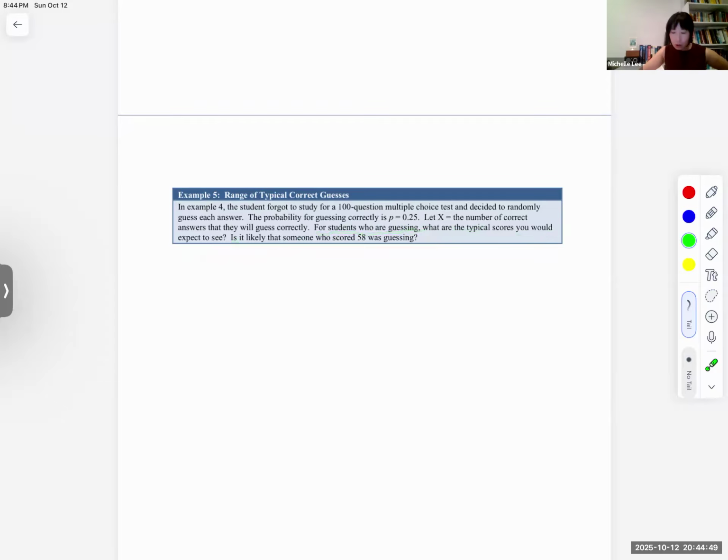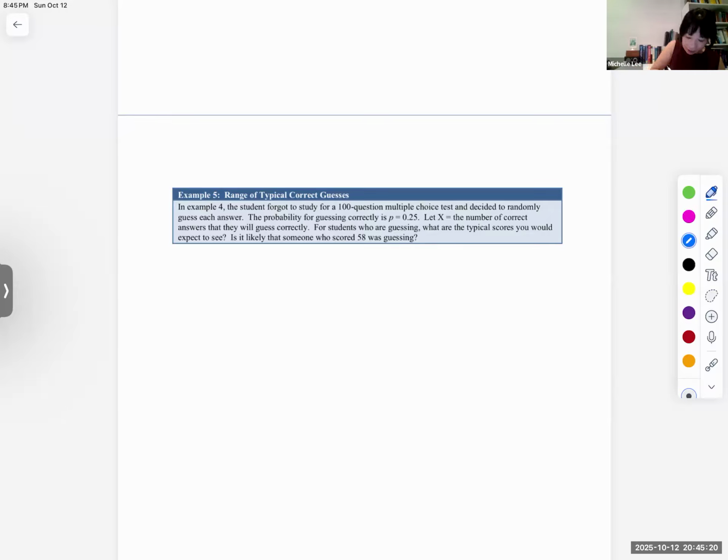So we need to find the values within 2 standard deviations. That's the typical score, and beyond 2 standard deviations, below or above, will be the unusual part, right? Check it out.